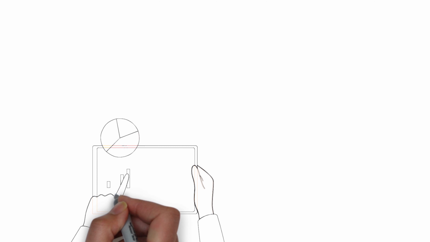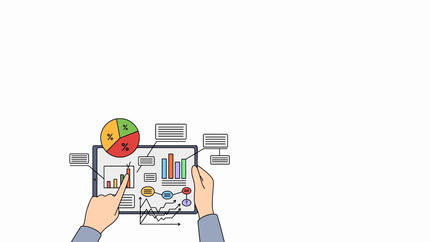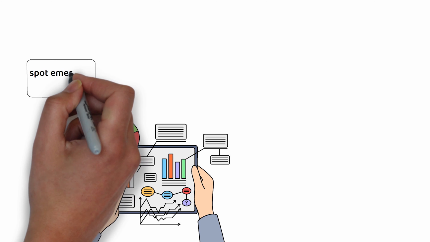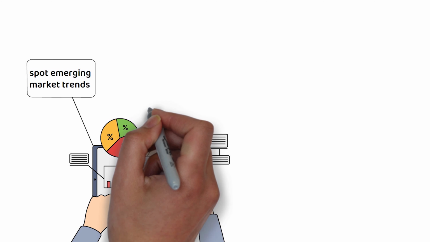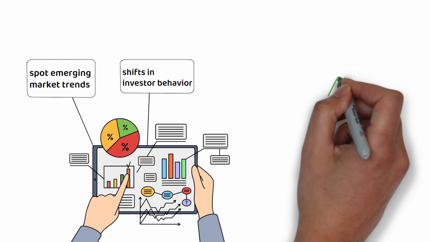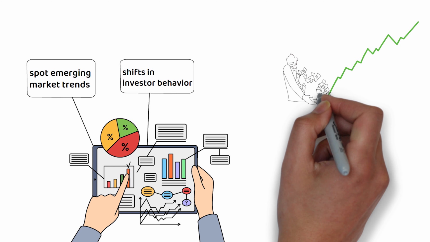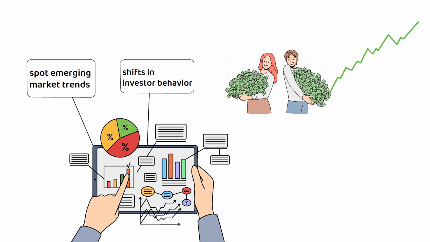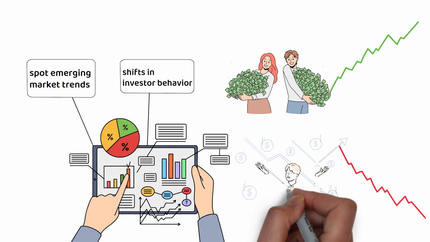Making more educated investment decisions is the goal of market sentiment analysis, which aims to spot emerging market trends and shifts in investor behavior. Price increases may be predicted if the attitude is predominantly favorable, whereas price decreases may be predicted if the emotion is negative.